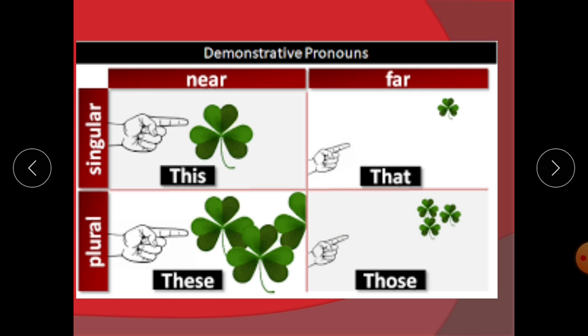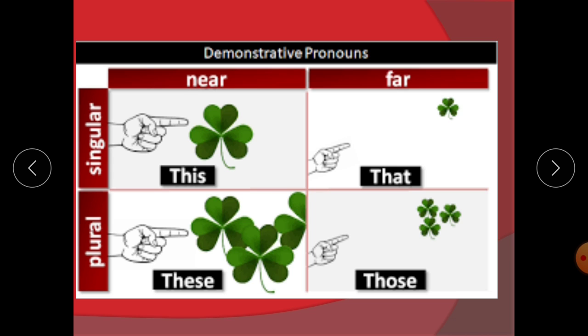Remember this thing beta, these and those are used for plural, and this and that are used for singular nouns. This and that take singular nouns and singular verbs after them. Similarly, these and those take plural nouns and plural verbs.